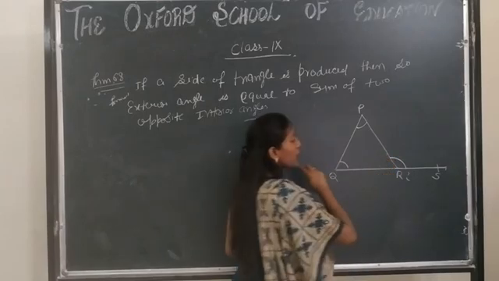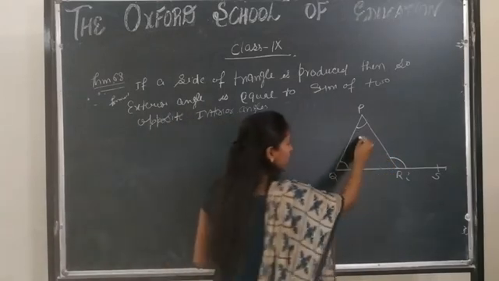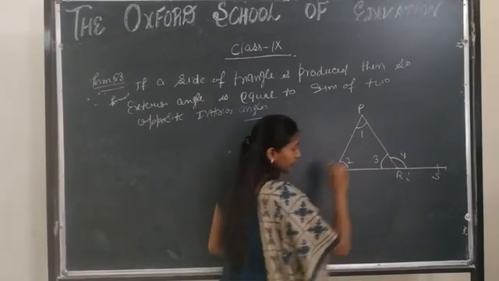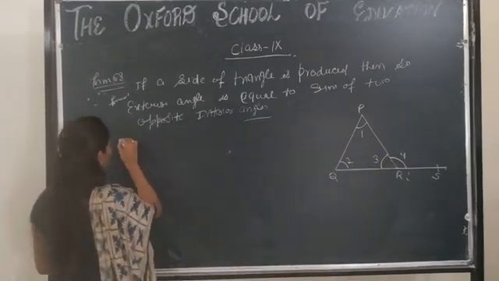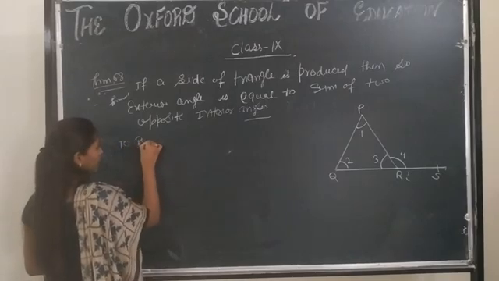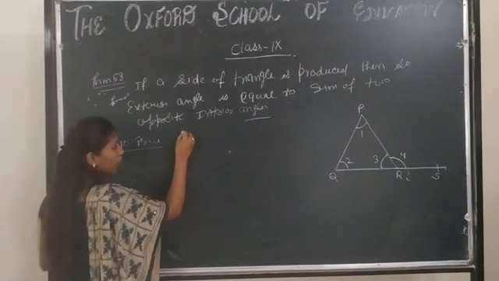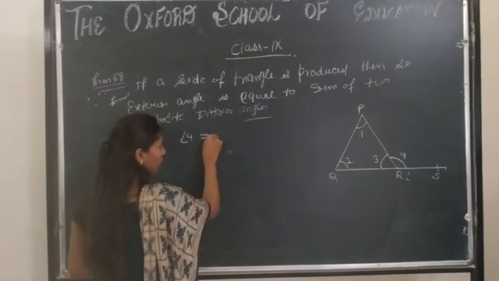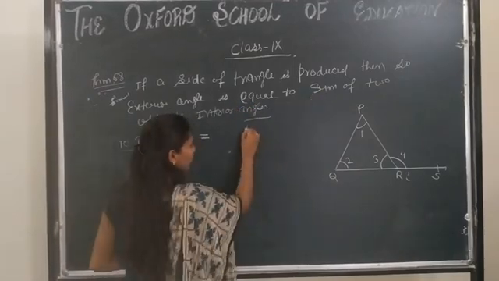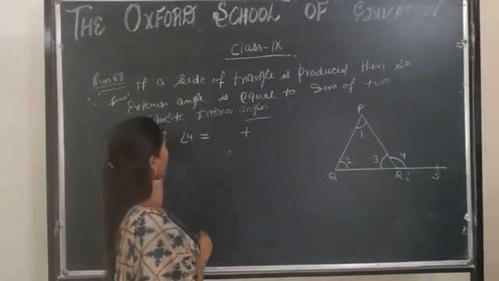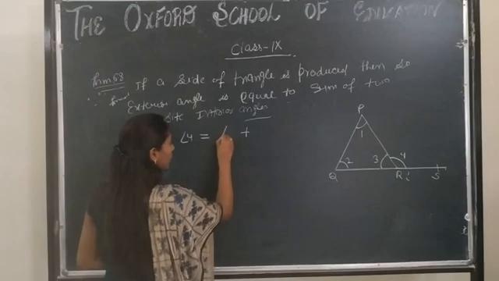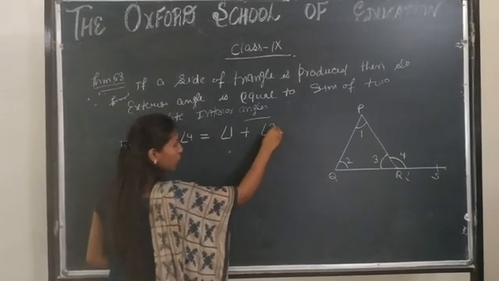So what we have to prove, name them as angle 1, 2, 3 and 4. We have to prove angle 4, which is exterior angle, is equal to sum of two opposite interior angles, that is angle 1 and angle 2.